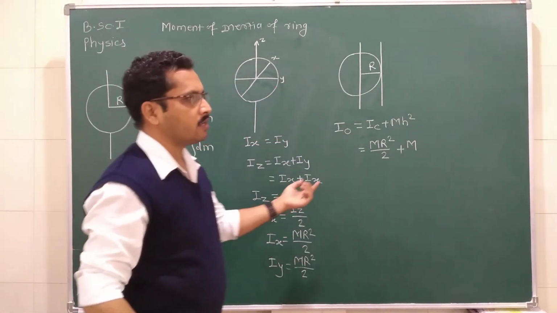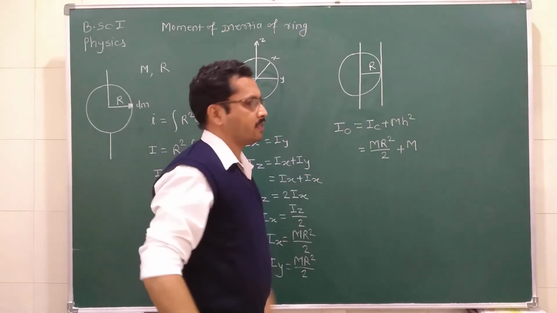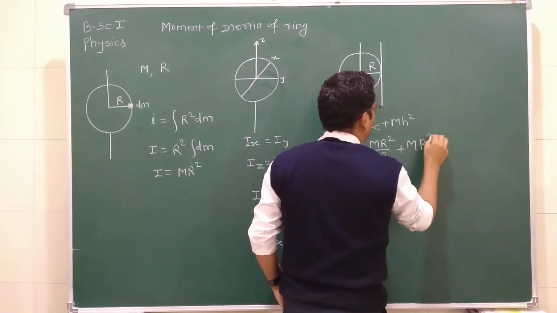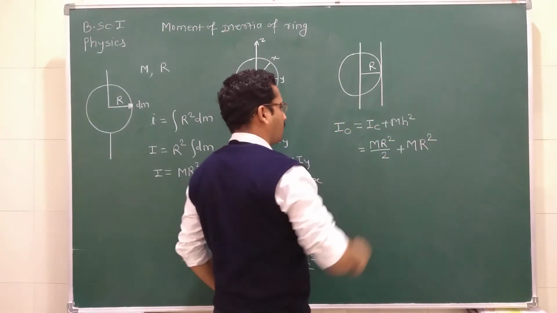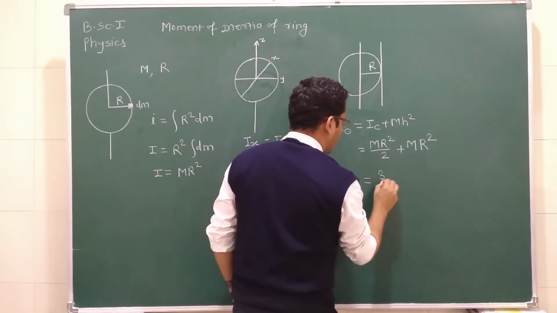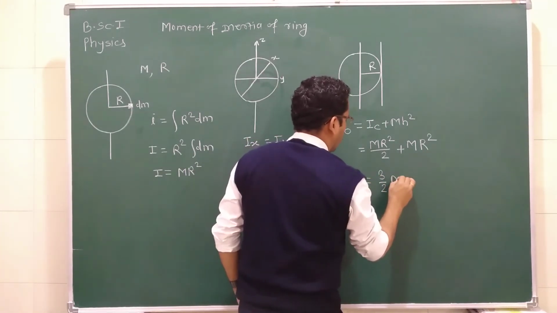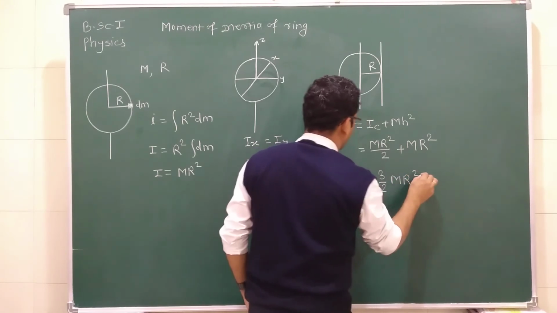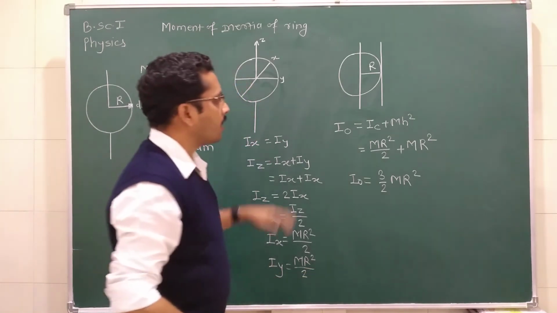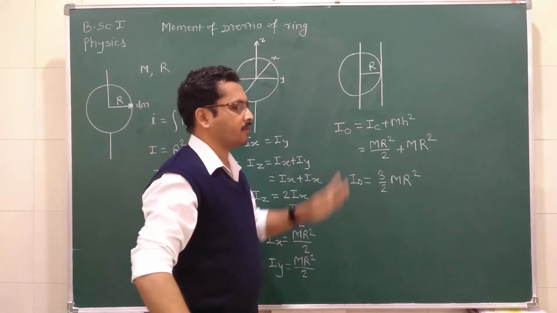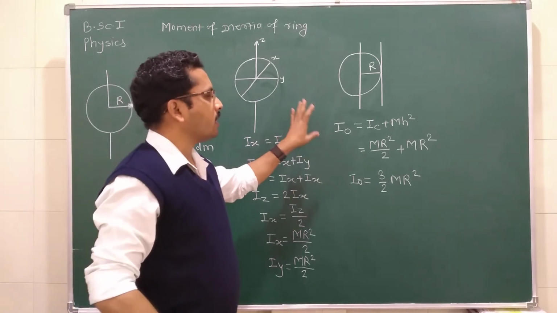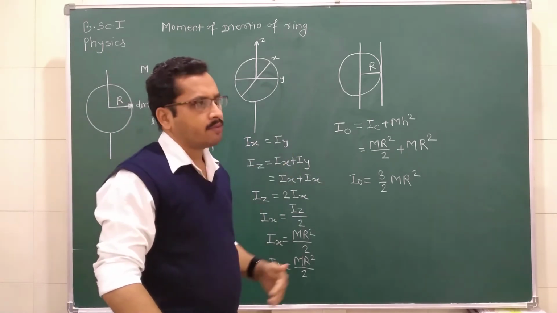H is the distance between two parallel axes, which is r, so h square is r square. So this is 3 by 2 mr square. This is the moment of inertia of the ring about the tangent in plane.